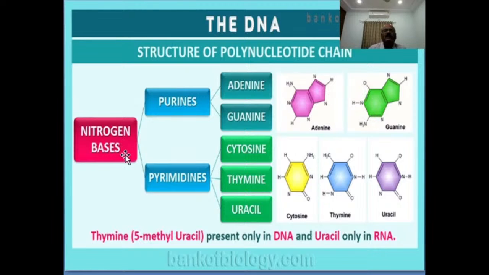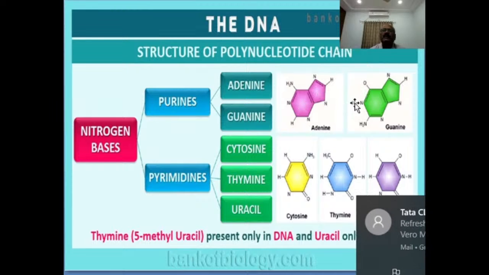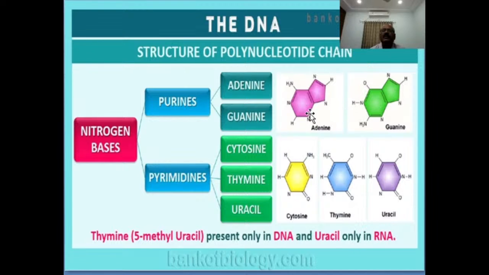Nitrogen bases in nucleic acids, that means DNA and RNA: 2 types of nitrogen bases are there, purines and pyrimidines. Purines are called double ringed nitrogen bases. You see, this is one ring, this is one ring. So, double ringed nitrogen bases are called purines.